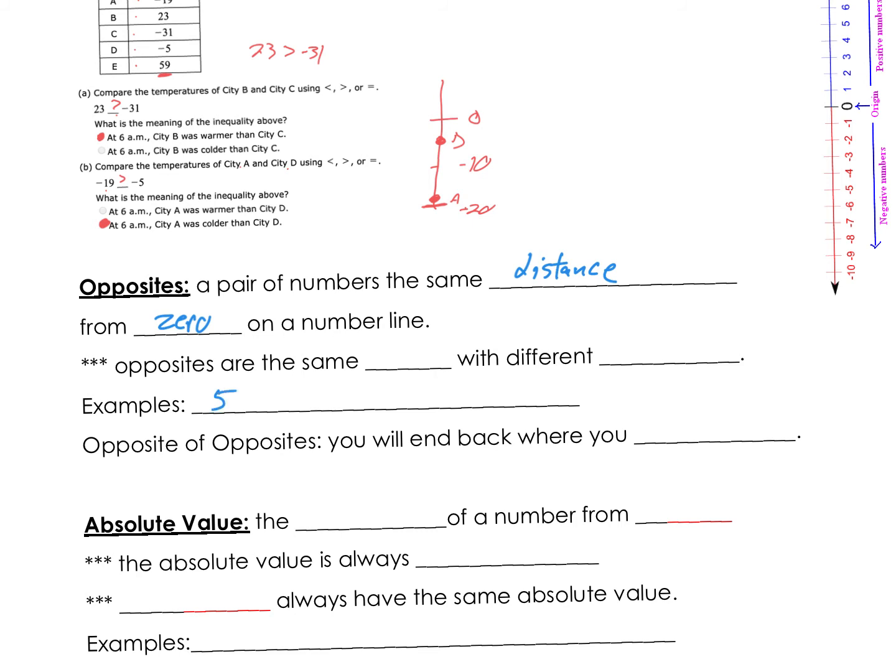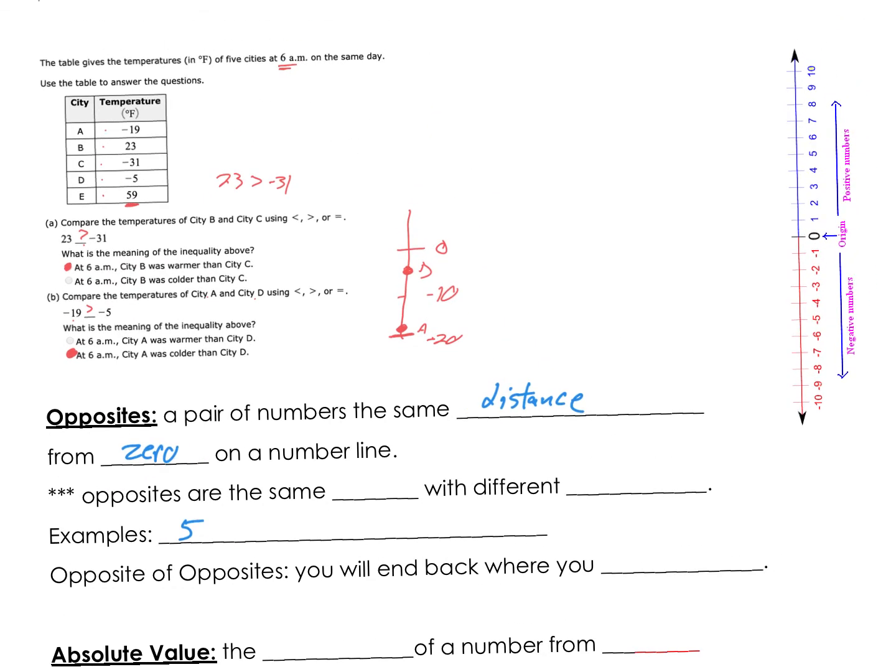So if we look at our number line here, what else is 5 away from 0? Negative 5 is. They're both the same distance from 0. Five and negative 5. So 3 and negative 3.